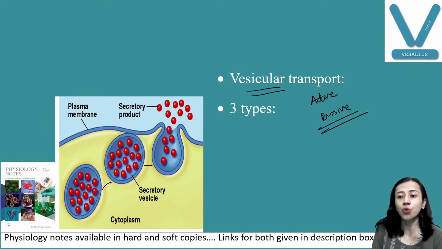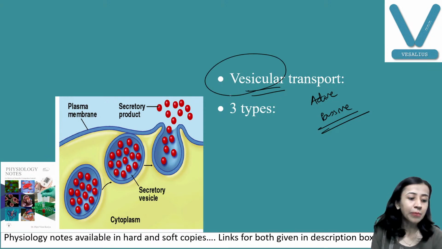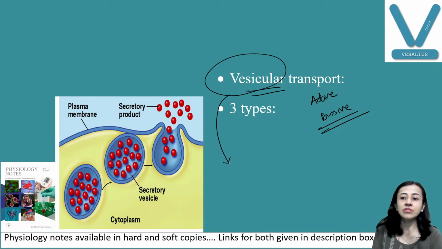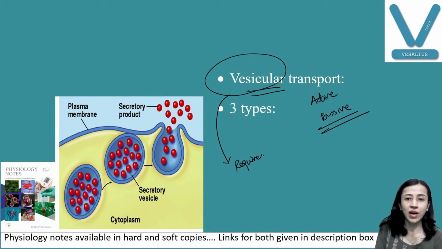So the vesicle fuses with the cell membrane and enters inside the cell, or exits out, in the form of a vesicle. Another important thing is that vesicular transport also requires energy, which comes from ATP.